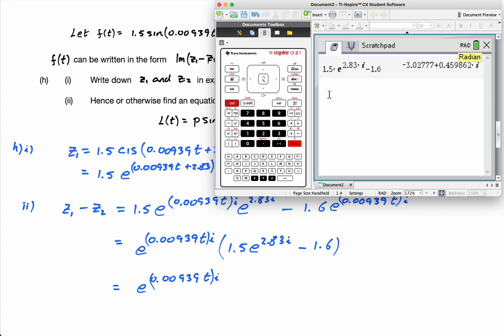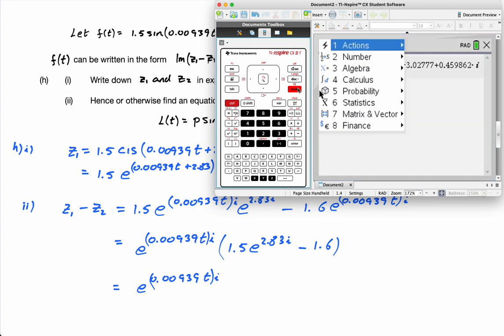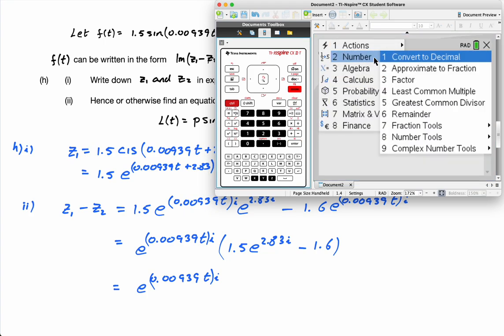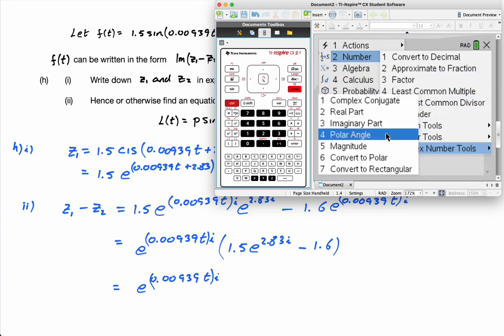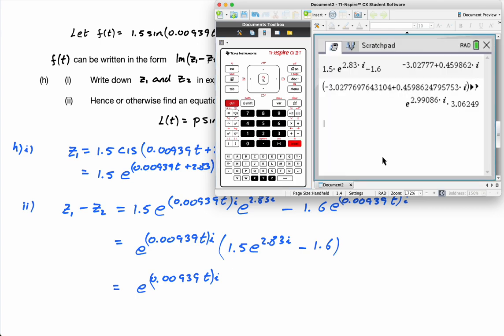Now I would like it in exponential form, so I'm going to go menu, number, complex numbers tools, and convert to polar.